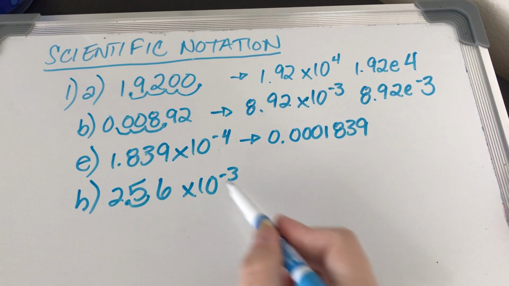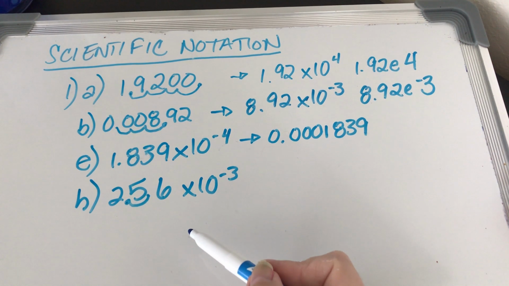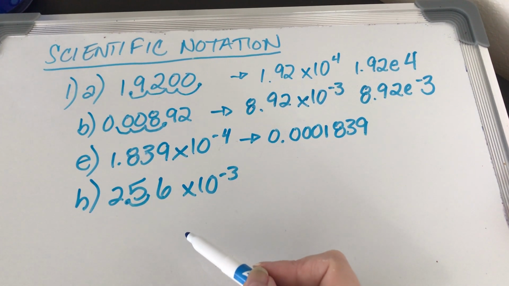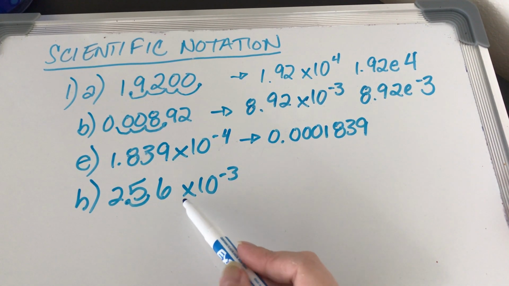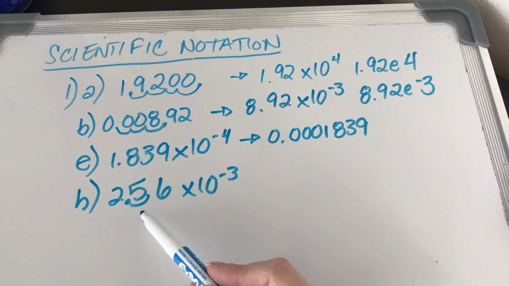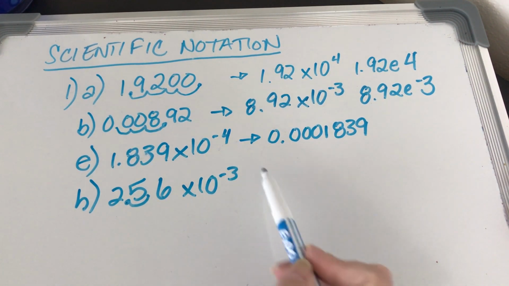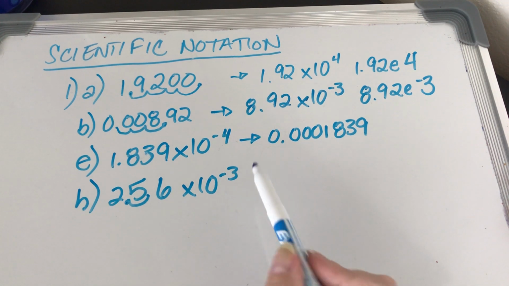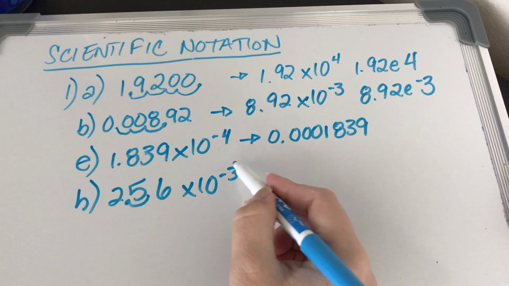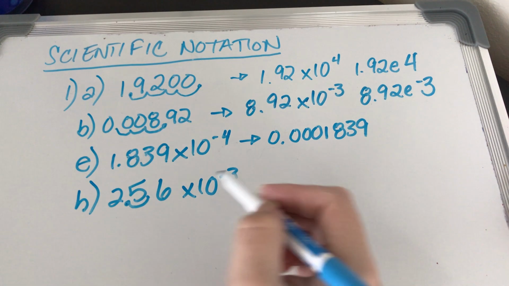So this is, I would say, probably the hardest type of problem, having to go to proper scientific notation when you have scientific notation, but it's just not proper, right? Because then it's like, which way does this exponent go?